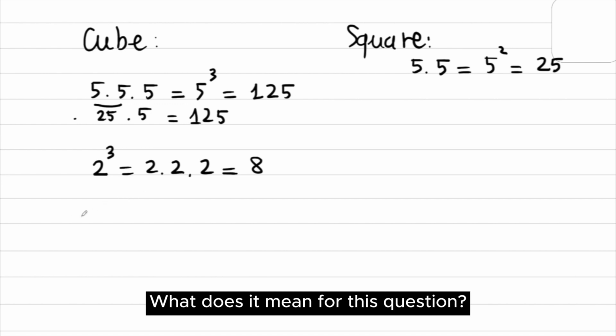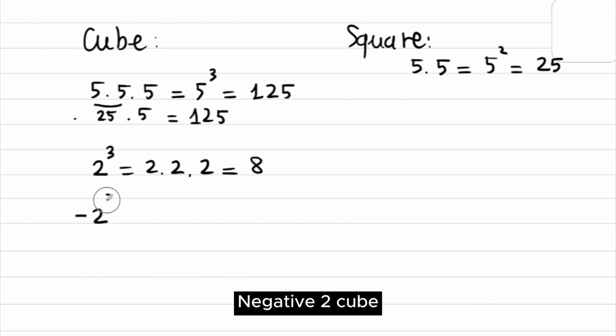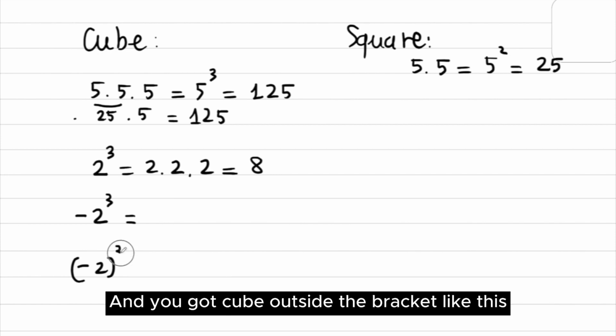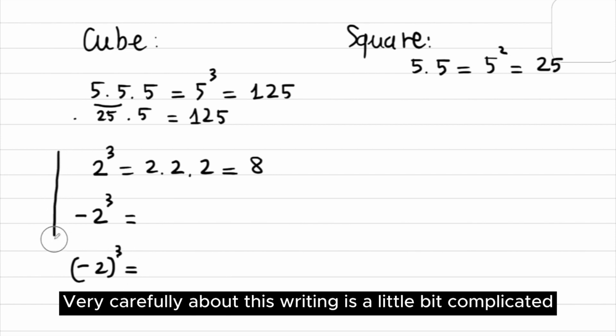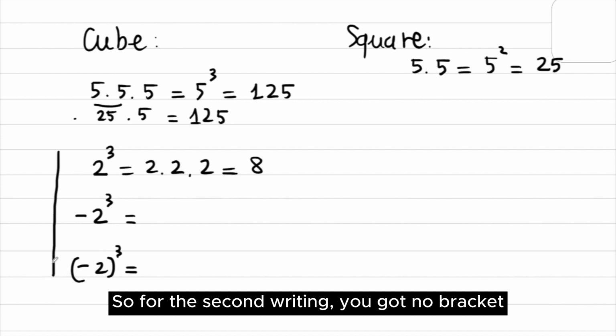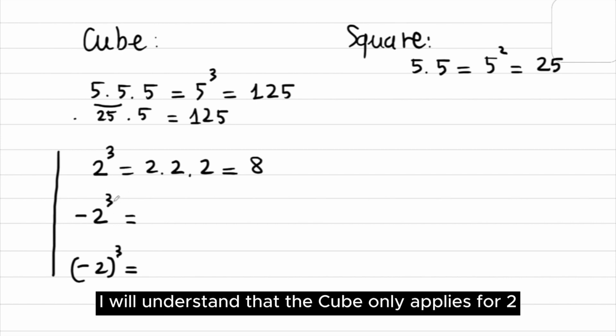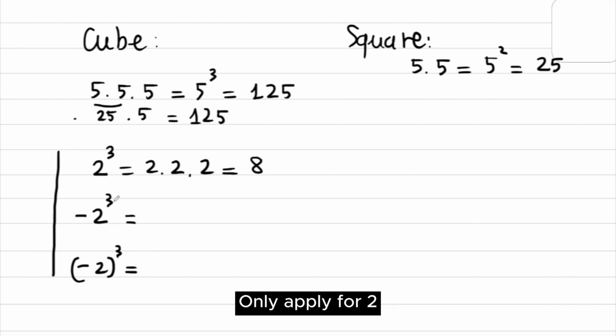What does it mean for this question? Negative 2 cubed, with negative 2 inside the bracket and the cube outside the bracket, like this. Be very careful about this writing, it's a little bit complicated. For the second writing, you have no bracket, that's negative 2 cubed, and I understand that the cube only applies to 2.